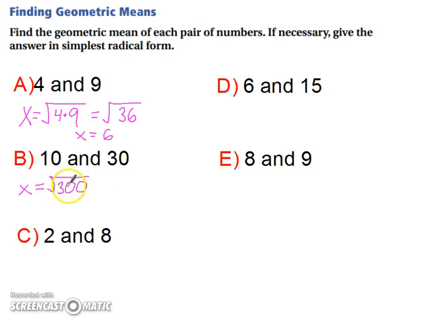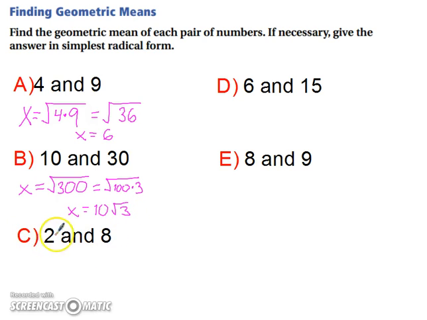You can simplify this and understand that 300 is the same as 100 times 3, and you know the square root of 100 is 10. So x equals 10 square roots of 3, since there's nothing you can do with the 3.